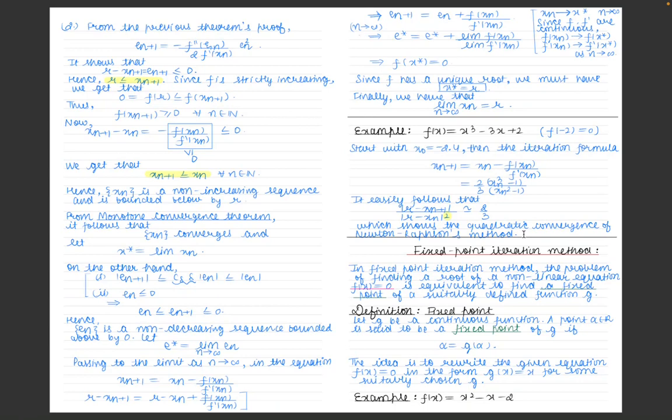So in this spirit, we see the last method, and that is called the fixed point iteration method. So let us discuss it. It is called the fixed point iteration method.